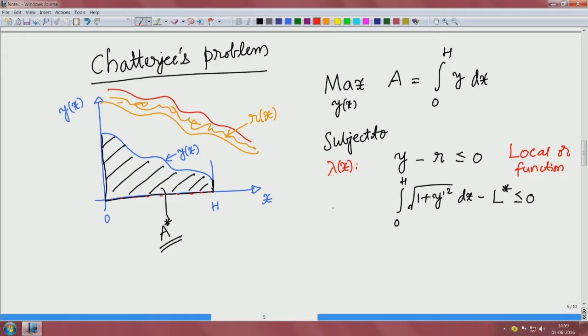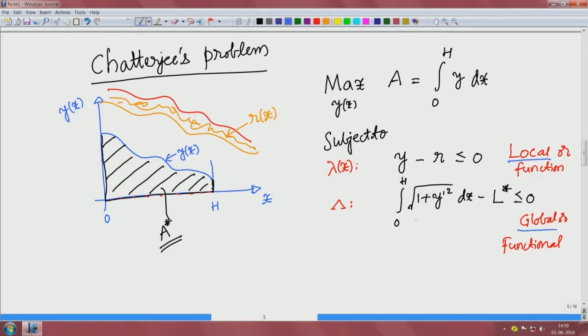This is a global constraint, or a functional type constraint. So, we have chosen a problem which has both a local constraint and a global constraint.